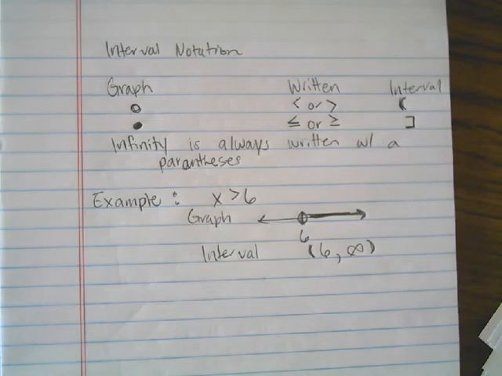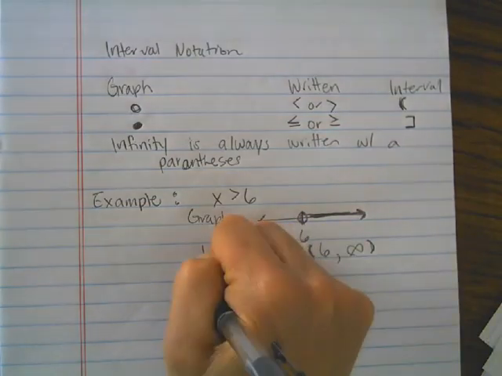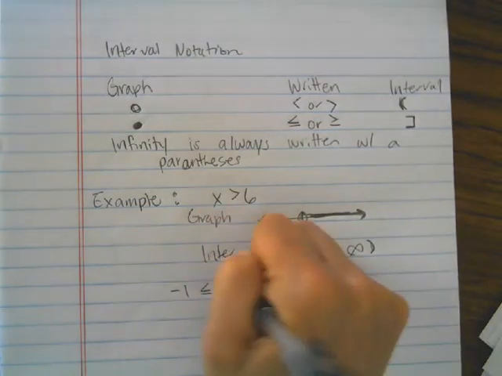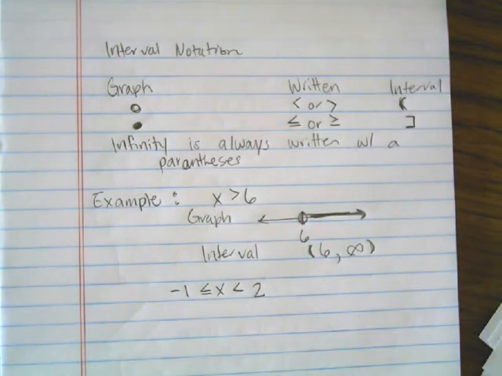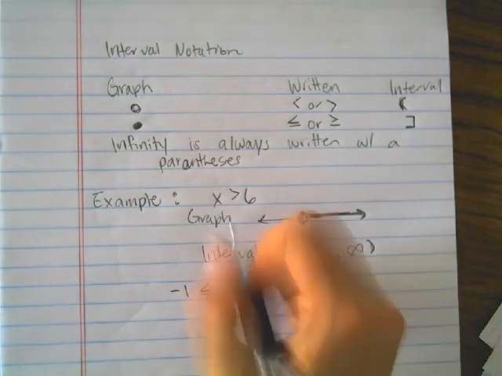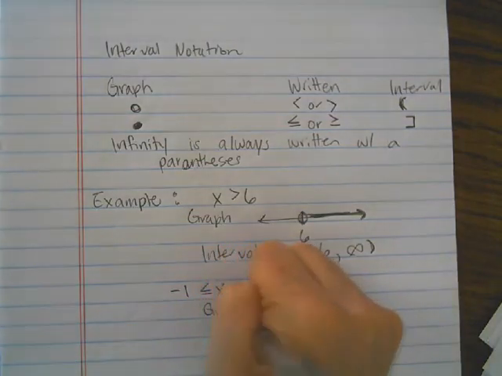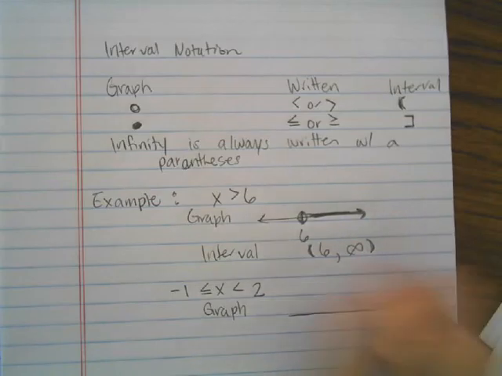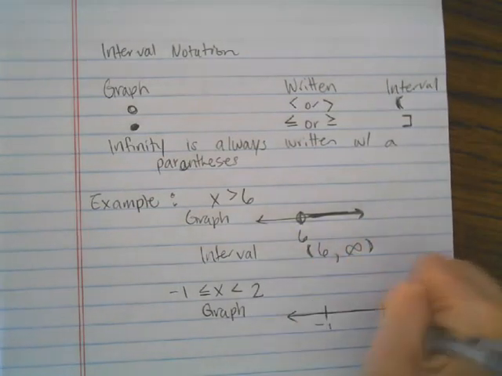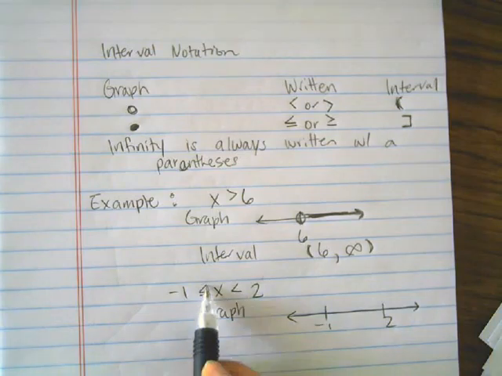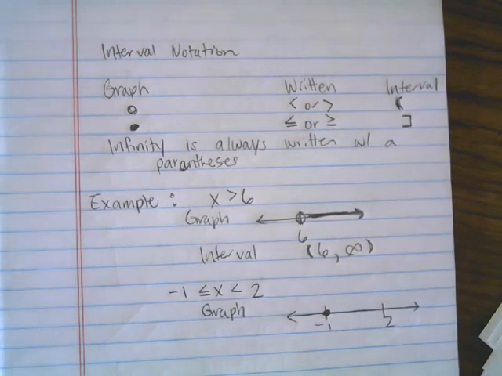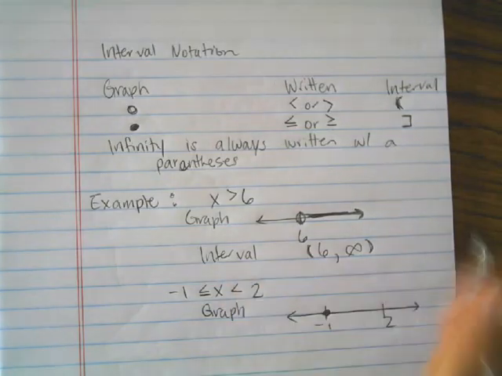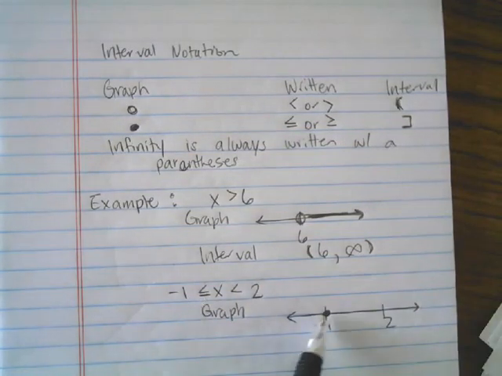Let's say another example we have is x is greater than or equal to -1 and less than 2. To graph this, here's -1, here's 2. Since it's greater than or equal to, we put a dot.